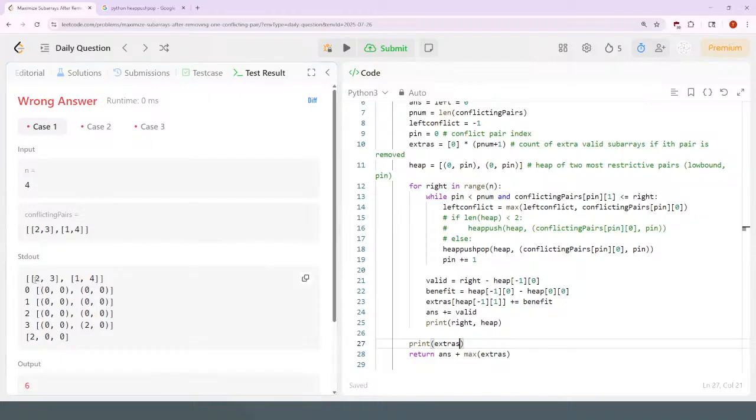Okay, so right is 1, 2, 3, 4. So when right is 1, there's no conflict. Then 2, right is 3.